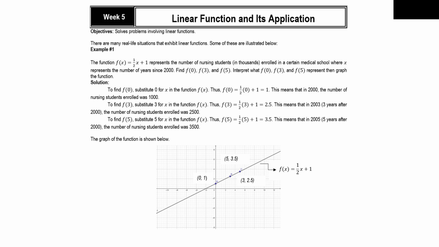Then when x is 5, the value of y is 3.5. Still located in quadrant 1. So 5, 3.5. Then connect the points.